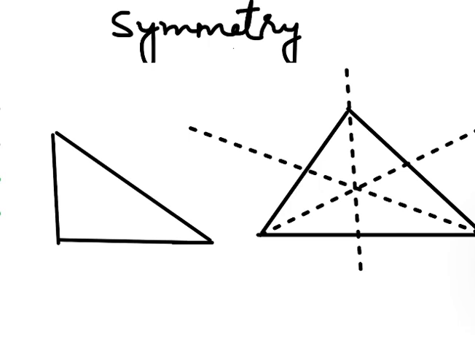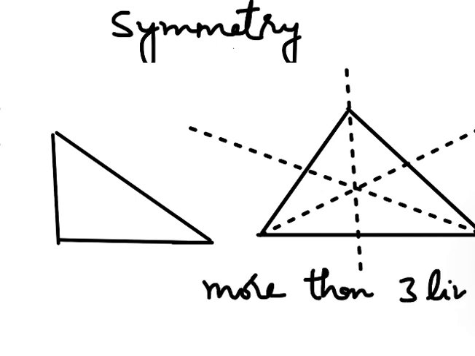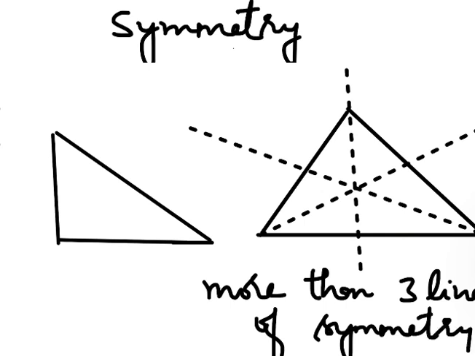So is there a possibility in a triangle that you can have more than three lines of symmetry? Is it possible to have more than three lines of symmetry? No. It is not possible, right?